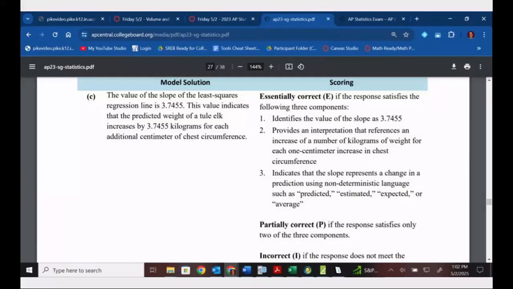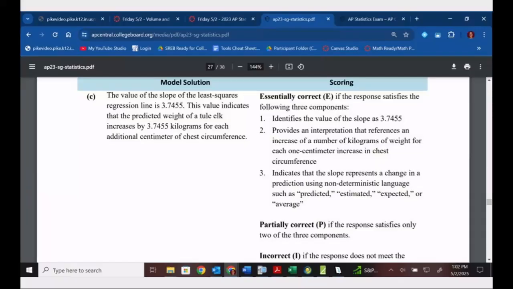Component 2 provides an interpretation that references an increase in a number of kilograms of weight for each 1 centimeter increase in chest circumference, and indicates that the slope represents a change in a prediction using non-deterministic language such as predicted, estimated, expected, or average. So the model solution: this value indicates that the predicted weight of a tule elk increases by 3.7455 kilograms for each additional centimeter of chest circumference.